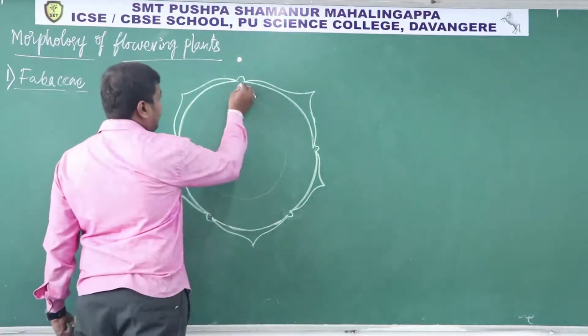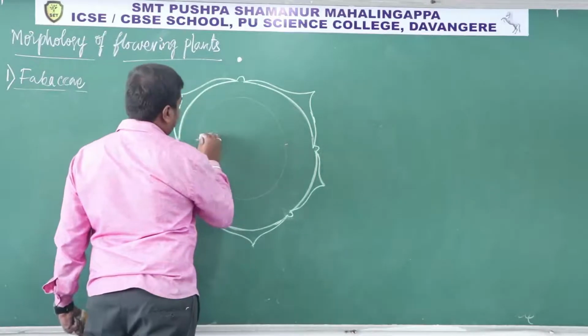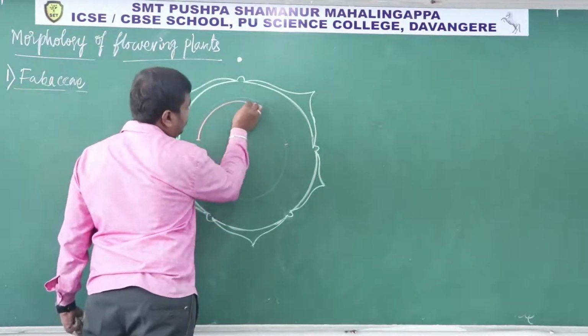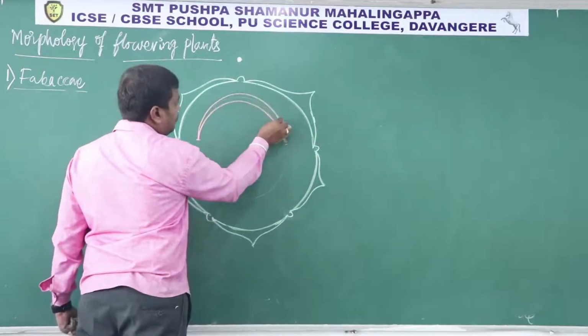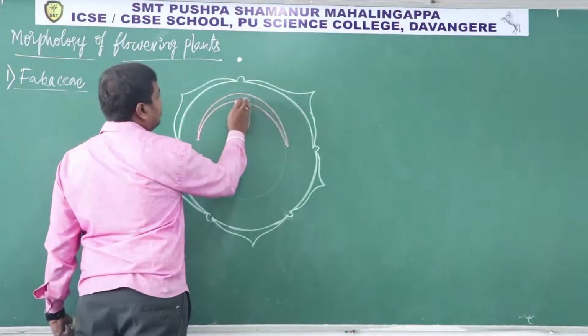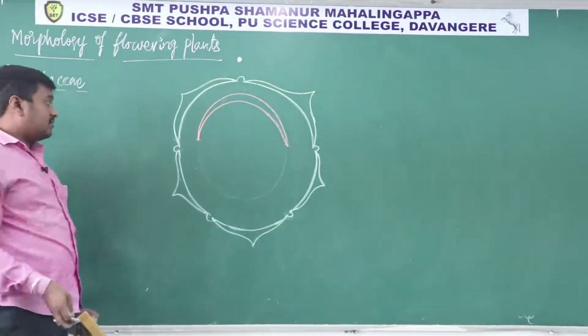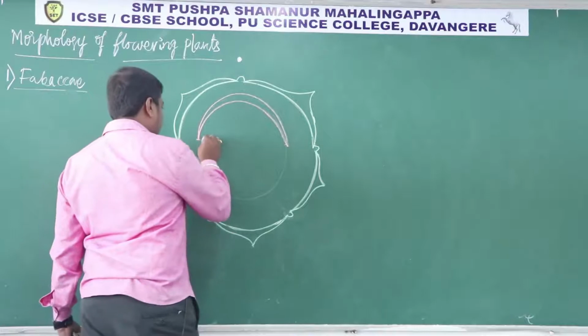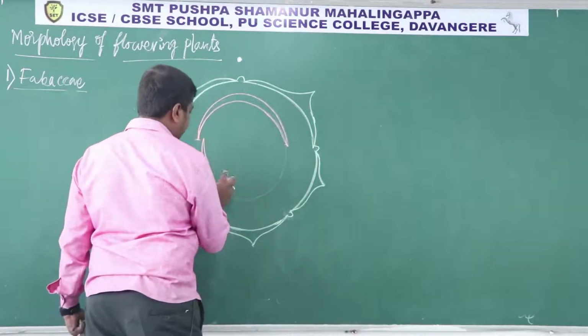Next, petal condition. In the petals, one standard petal is there. So this is one standard petal, which is posterior in position towards the axis, like this. And 2 were small and they are called wing petals.